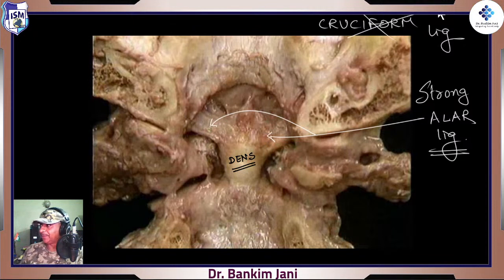Is this cruciform ligament on the cruciform eminence of the occipital bone? See, can it be? It cannot. Because what was the cruciform eminence in the occipital bone? It was inside the skull.